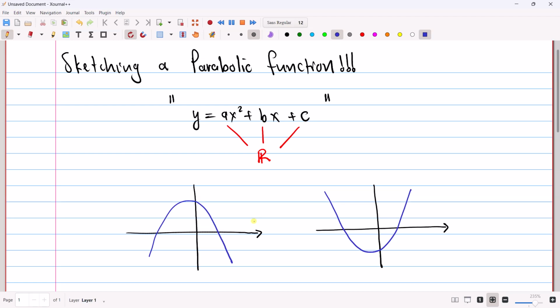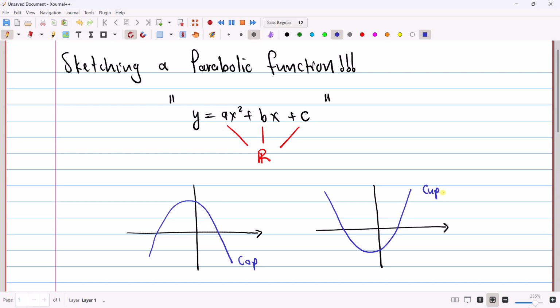When a parabolic function is looking like the shape on the left, it is a cap shape, sorry, it's not cupped, it's cap, meaning it is a cap shape, and here it is a cup shape. So that's one of the things that can happen when you are plotting a parabolic function. You can either have its shape being cap shaped or cup shaped.